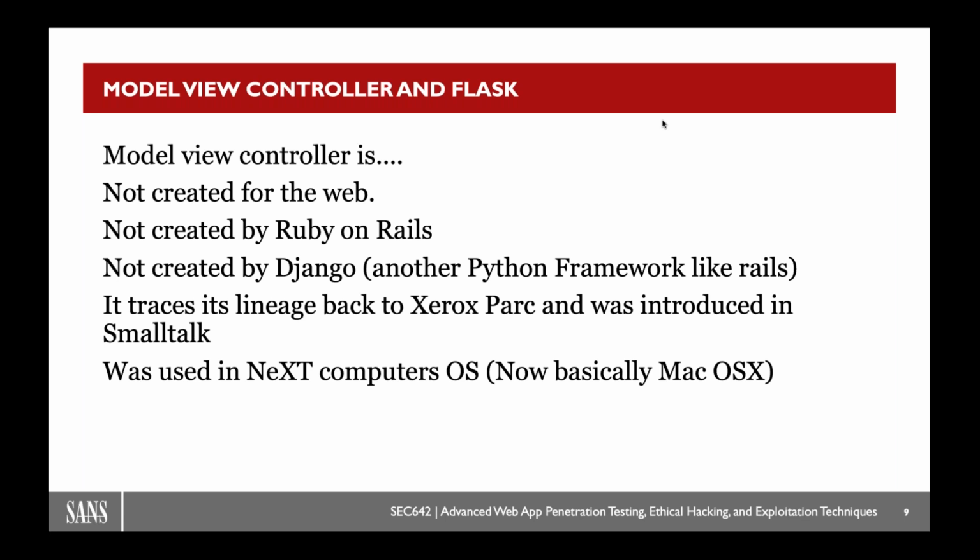So model view controller is actually an architecture that draws its roots from, or was created by, the folks over at Xerox PARC in the 80s and was a very popular way of implementing GUI applications. So if you were designing a GUI, think of Microsoft Windows as a GUI, or OS X has Cocoa, or X Windows, right?